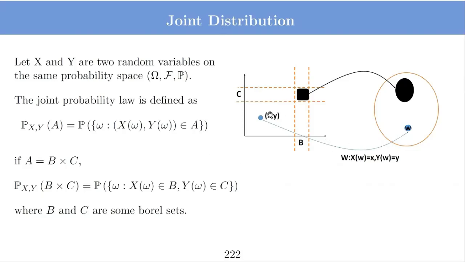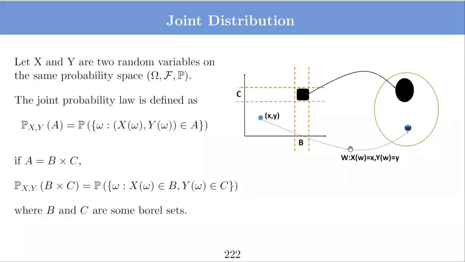If you take any point (x, y) and then compute the pre-image of that in the original sample space omega, you will see that this (x, y) maps to an event, or an outcome omega such that x(omega) is equal to this x and y(omega) is y.